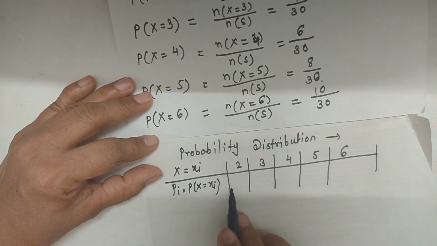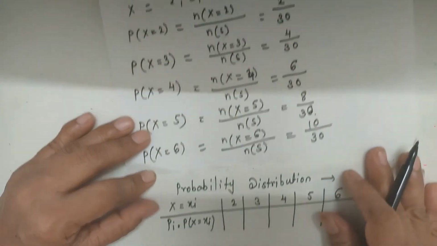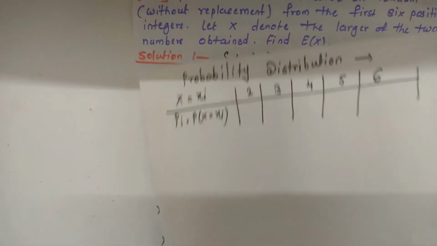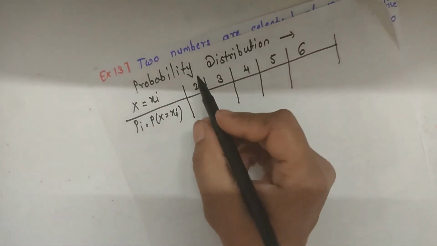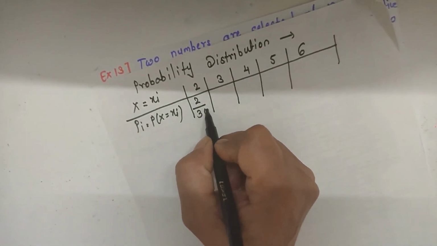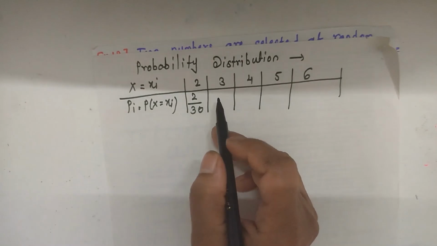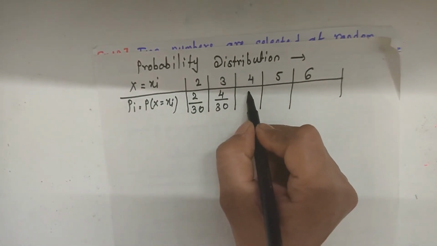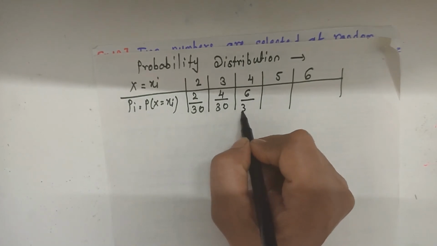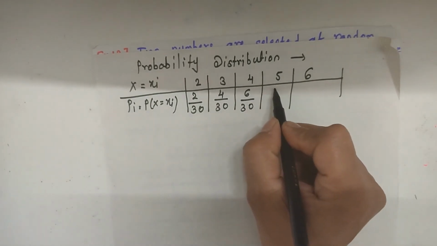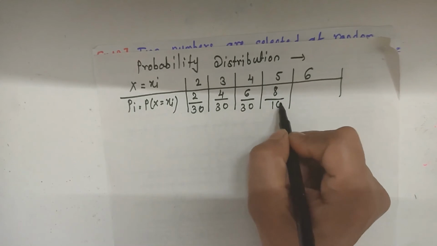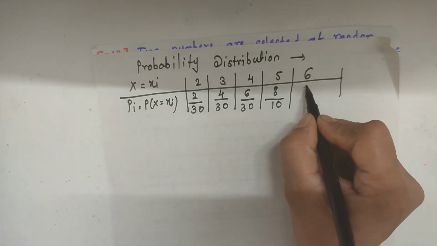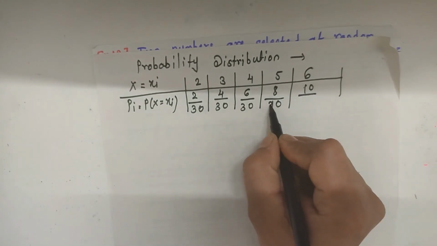The probability of x equal to 2 is 2 by 30. Next, the probability for x equal to 3 is 4 by 30. For x equal to 4, 6 by 30. For x equal to 5, 8 by 30. And the probability for x equal to 6 is 10 by 30.